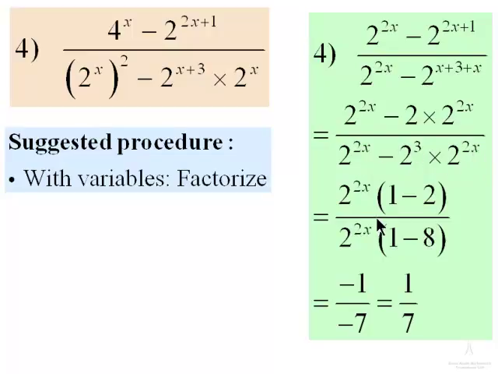Again, here you can take 2 to the power 2x out as a common factor, and we are left with 1 minus 8. So this gives us minus 1 over minus 7, because 2 to the power 2x will cancel out, so the answer is 1/7.